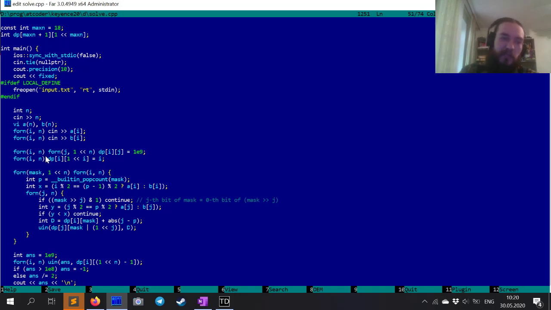Okay, this does not work correctly if mask is 0, but these cases do not actually do anything. Alright, so if J is used, we don't do anything. Y is what we place based on the parity from the card J. It moves from position J to position P. So this is our distance.